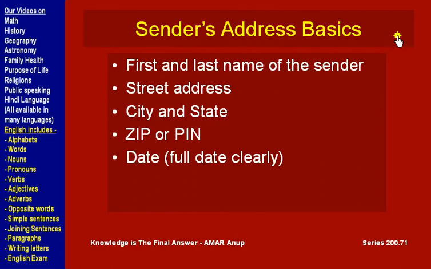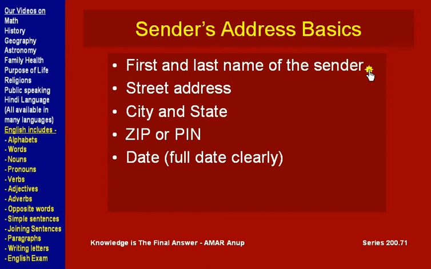So what is included in the sender's address or contact details? The first line is the sender's full name, first name and then last name. The second line in the sender's address is the street address. What is a street address? Street address is the building number and the street on which that building is.